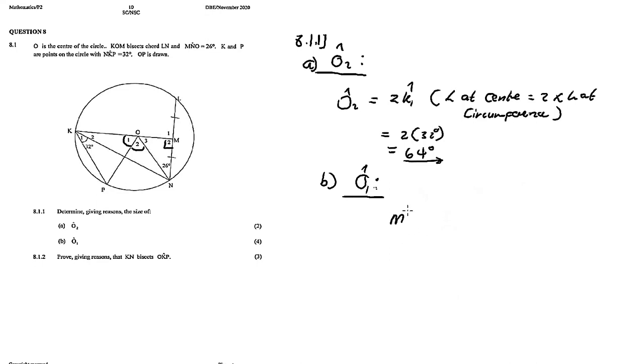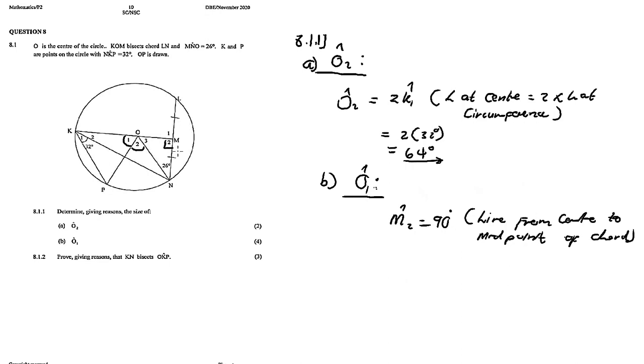I know that M2 is actually equal to 90 degrees because of theorem 1: the line from the center to the midpoint of a chord bisects the chord, and we get a perpendicular exactly. So M2 is equal to 90 degrees.